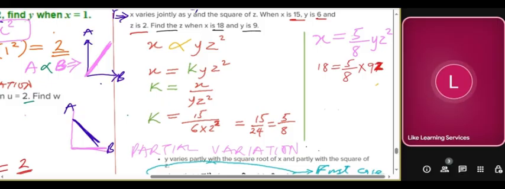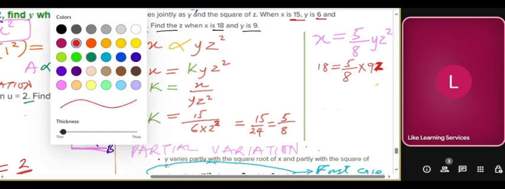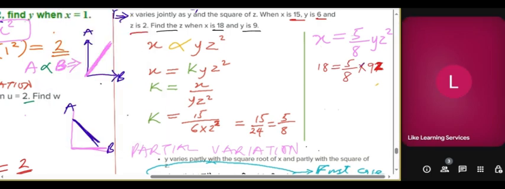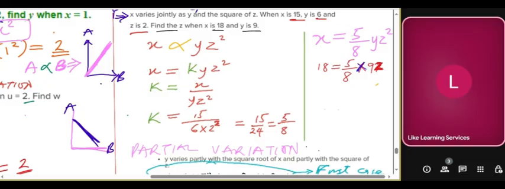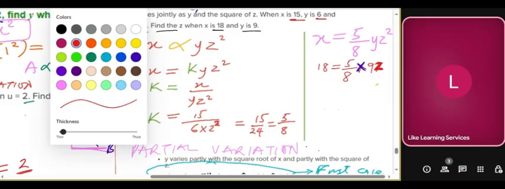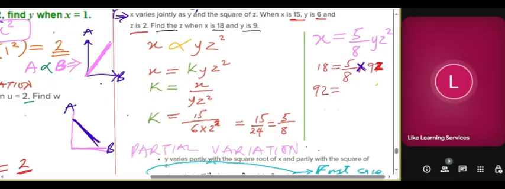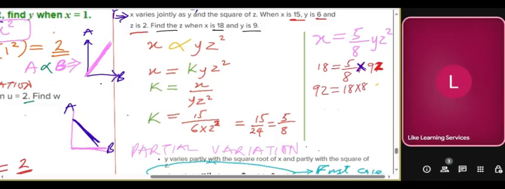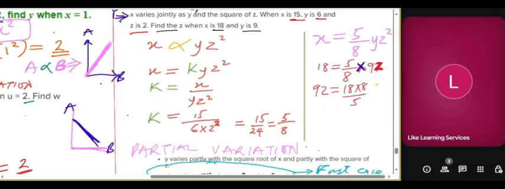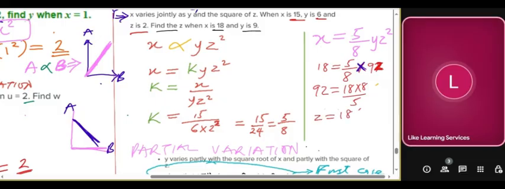Alright, so we just solve the equation. Let's go ahead and solve it, no wasting of time. 18 times 8 is what? So 9z squared will be equal to 18 times 8 divided by 5. So z squared will be equal to 18 times 8 divided by 5 times 9.